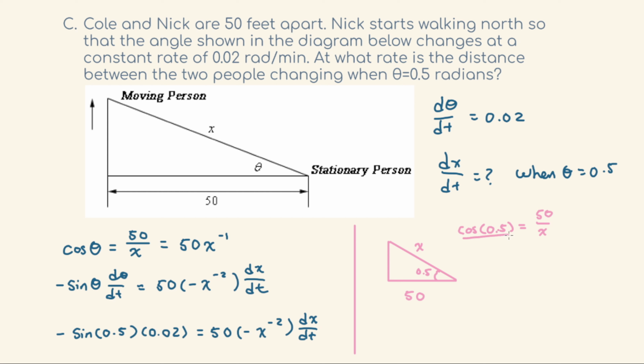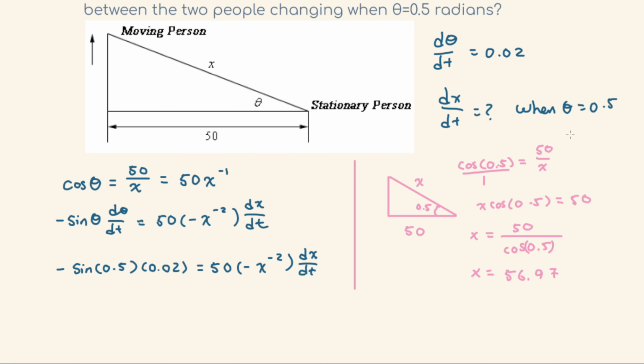So now if we cross multiply here, we know that x times cos of 0.5 is equal to 50. So x is equal to 50 divided by cos of 0.5. And so you should get that x is equal to 56.97.